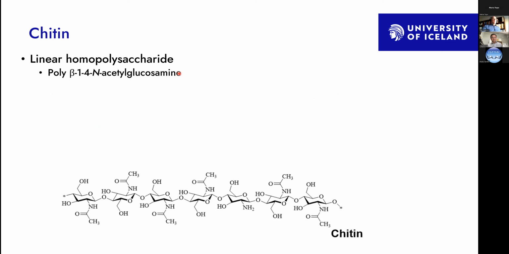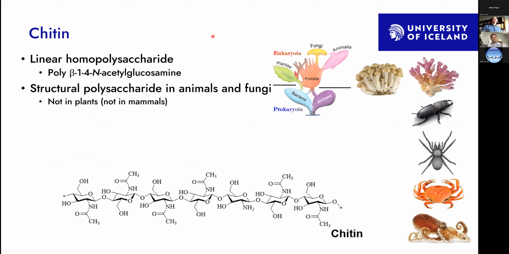Chitin, most people who work with polysaccharides will know this. This is a linear homopolysaccharide of poly 1,4-N-acetylglucosamine, and the structure is shown here. And it's first and foremost a structural polysaccharide.